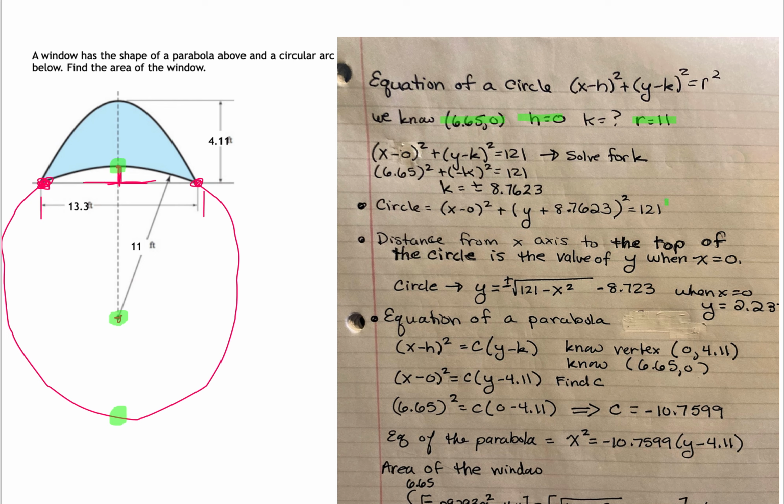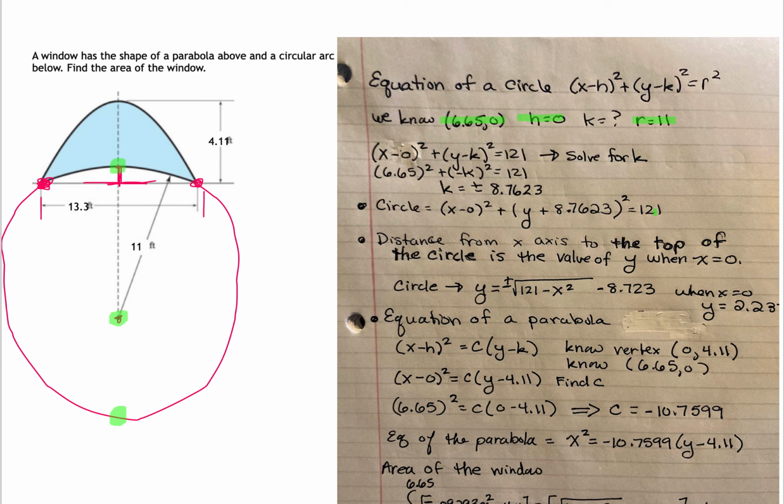When I plug that into my general form of the equation, because there's a negative in my formula already, and because k is negative, I'm going to end up getting a double negative in my formula, and it's going to turn into a plus. So my equation for the circle is x minus 0 squared plus y plus 8.72623 squared is equal to 121, which is our radius squared.